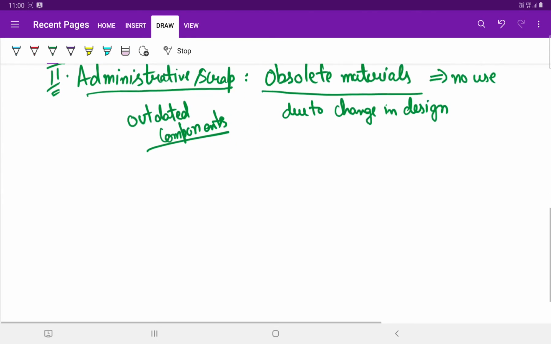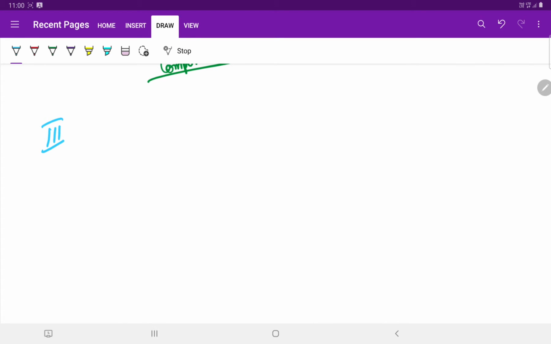Now the third one is the defective scrap. This scrap results from substandard raw materials and poor workmanship in handling of such materials.